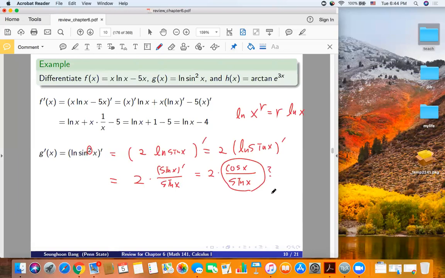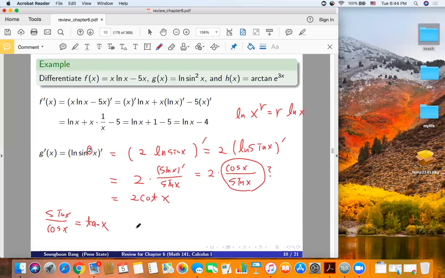Tangent or cotangent? Yes, cotangent. So we have 2 times cotangent of x. You need to know this one. Sine x over cosine of x is tangent. Yes, this is tangent.